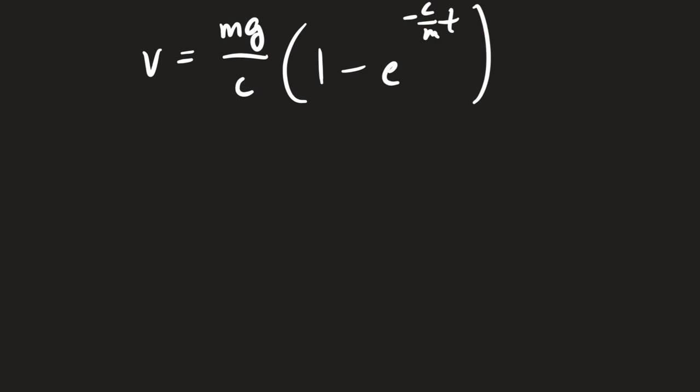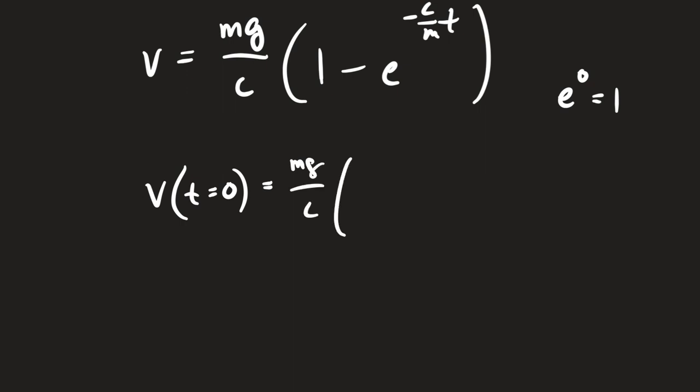So, what is e to the 0 power? 1. So, v at t equals 0 is going to be mg over c times 1 minus 1. Isn't that 0?